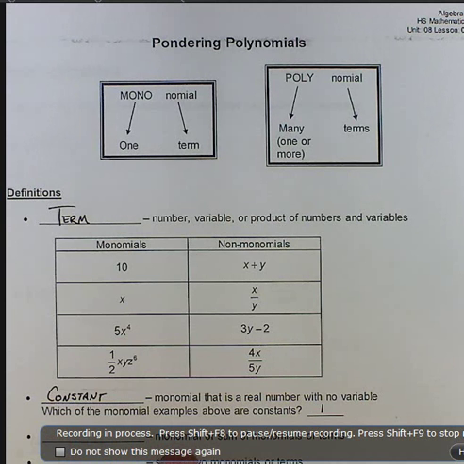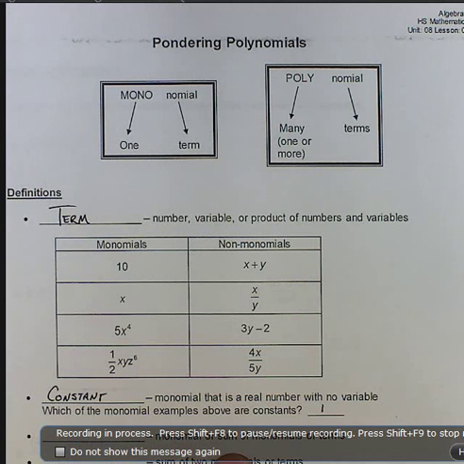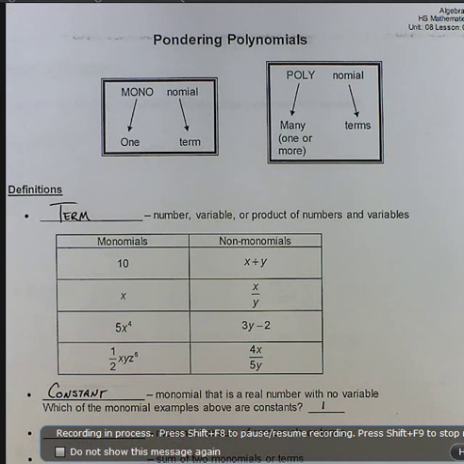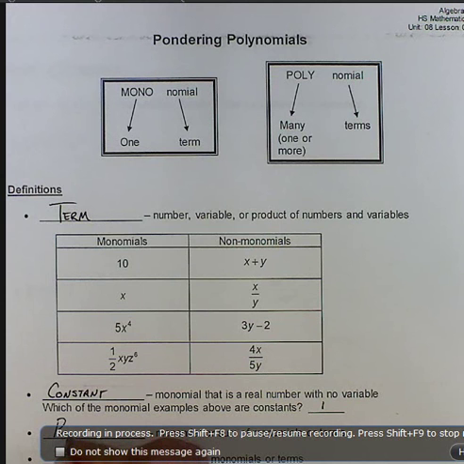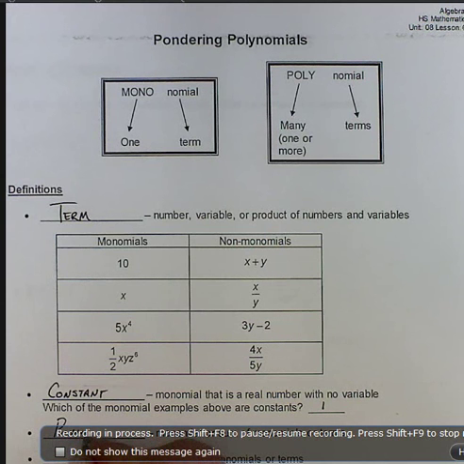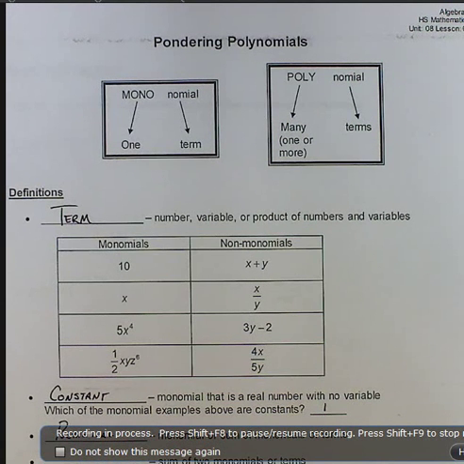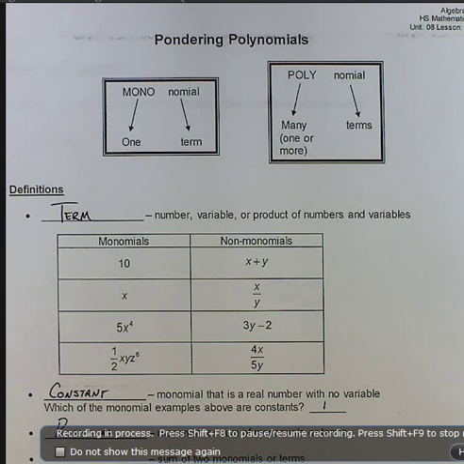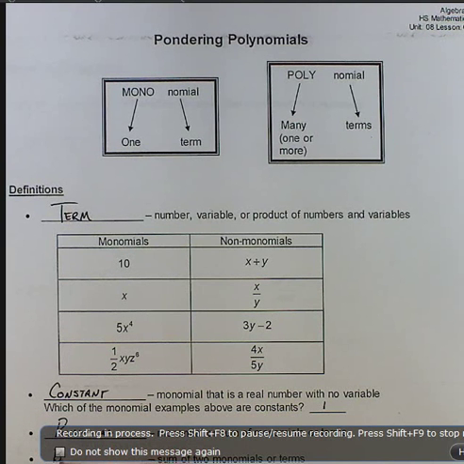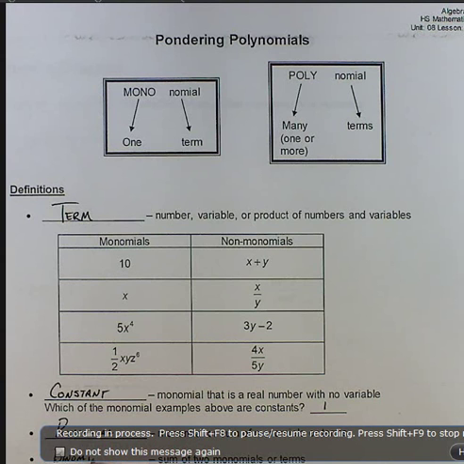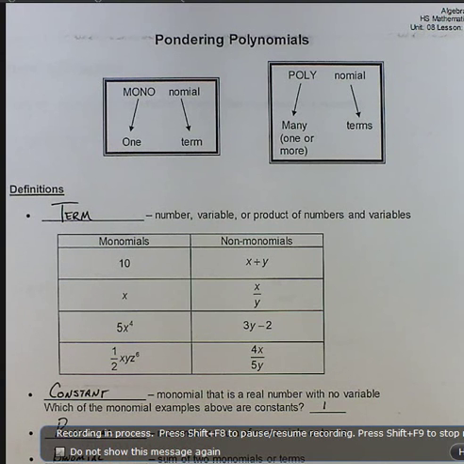A monomial, or a sum of monomials or terms, would be what we call a polynomial. A sum of two monomials or terms would be a binomial, and a sum of three would be a trinomial.